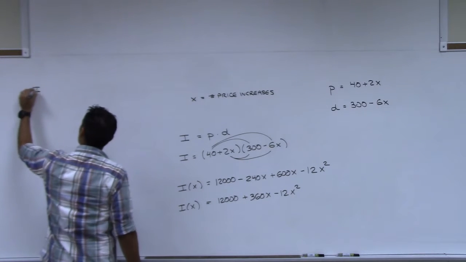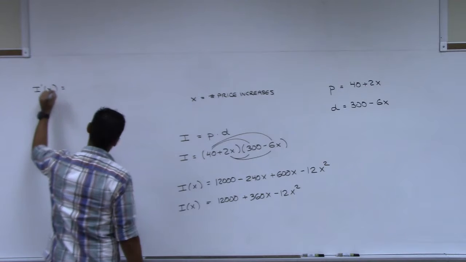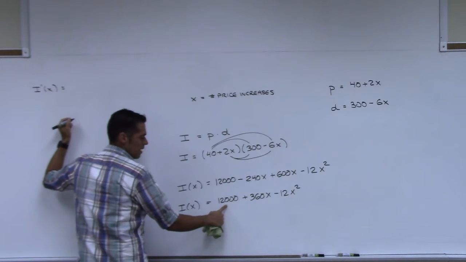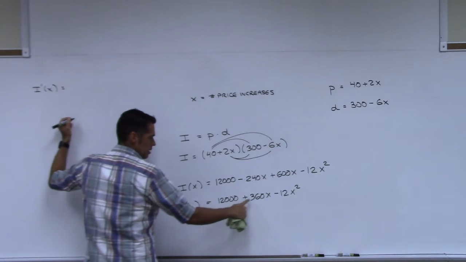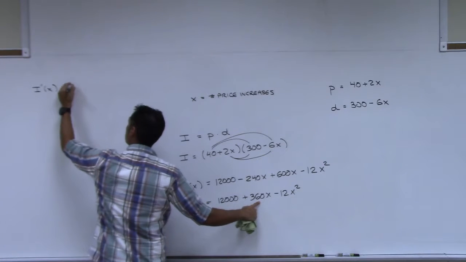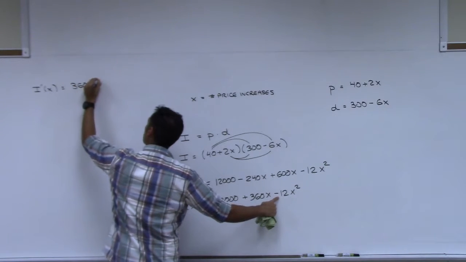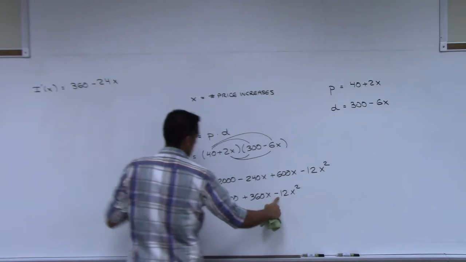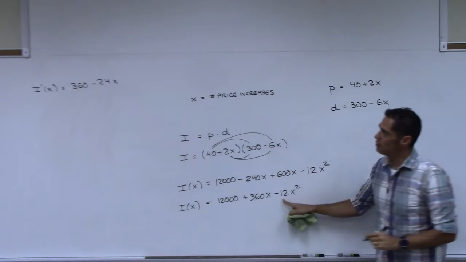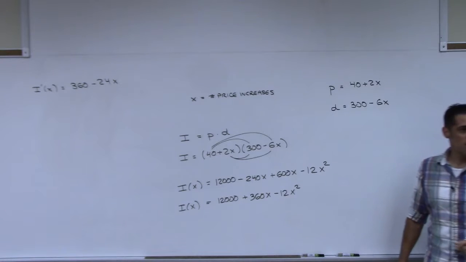Okay, derivative of 12,000 is 0. Derivative of 360x is just 360. And the derivative of this is negative 24x. So 2 comes down, hits the negative 12. Now I set that to 0 again.